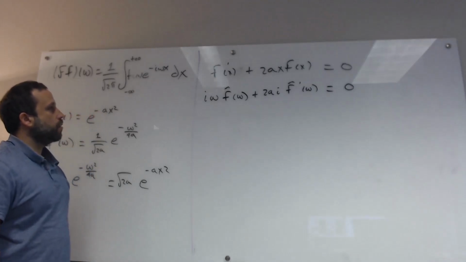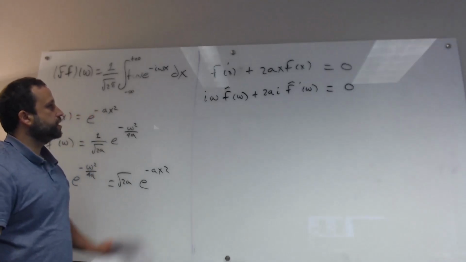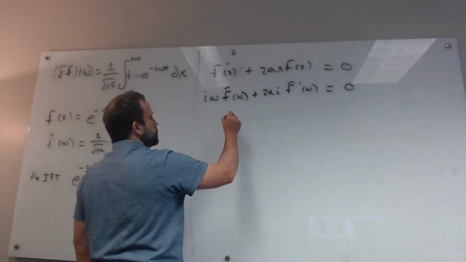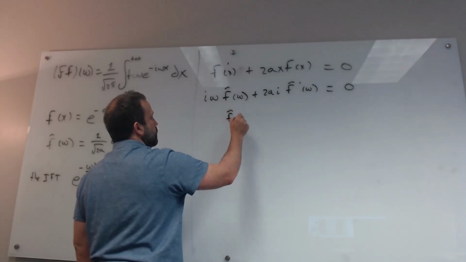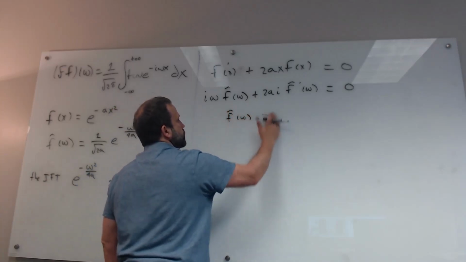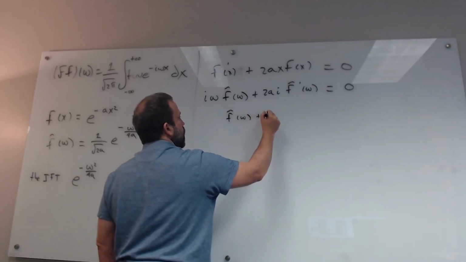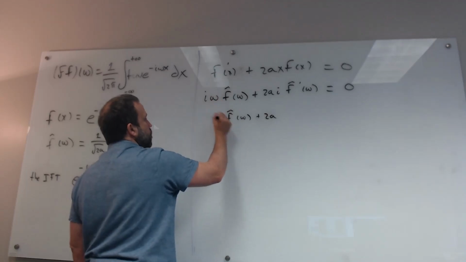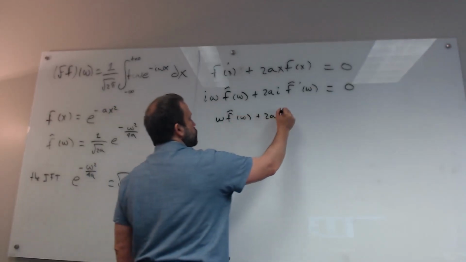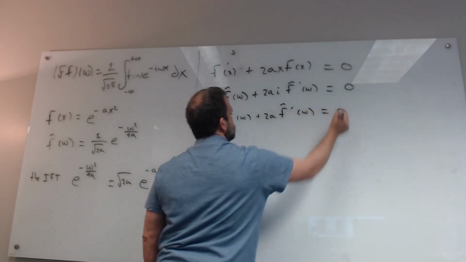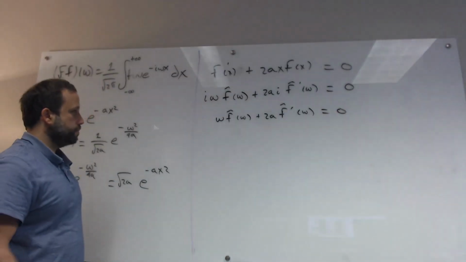Okay, so now I want to think about solving this differential equation. Notice I've got an i on both terms, so I can get rid of that. So omega f hat of omega plus 2a f hat prime of omega is equal to 0.